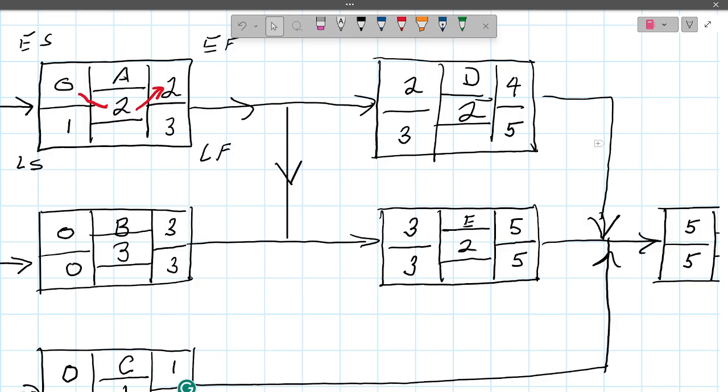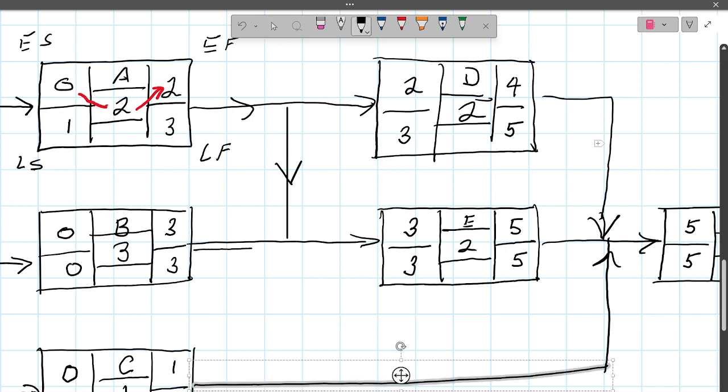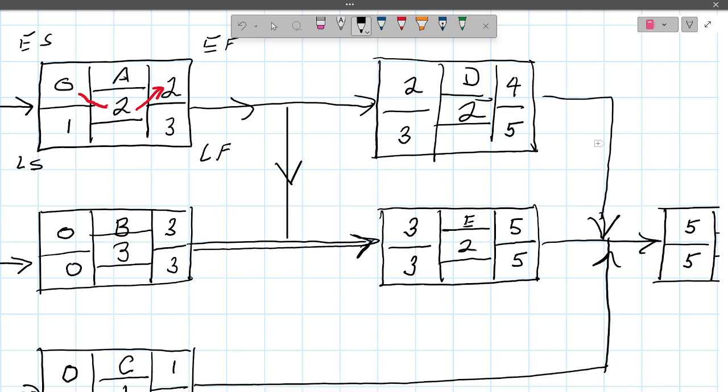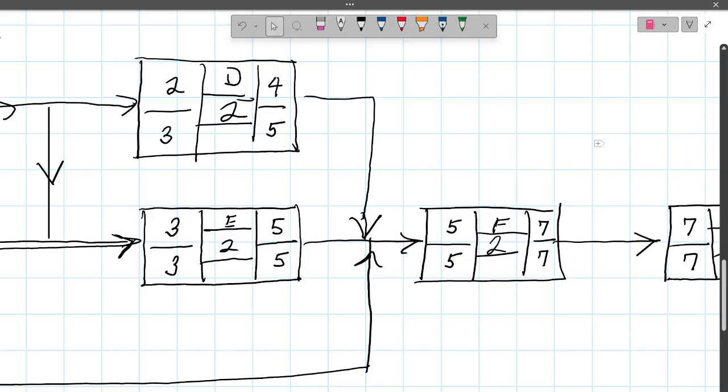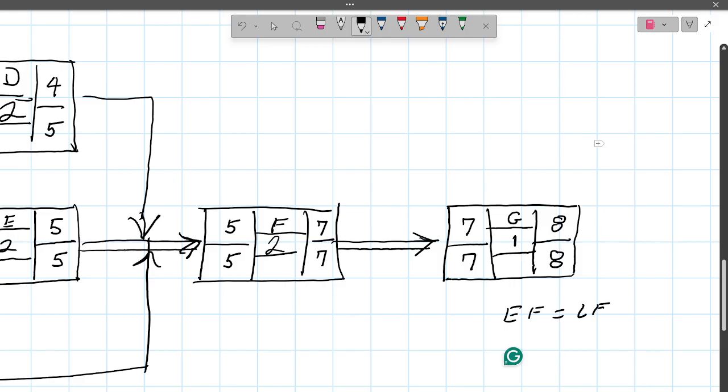And then if I go over to E, 3 and 3, there's no wiggle room there. So this becomes a critical path. Okay. E to F is 5 and 5. There's no wiggle room there. So critical path. And then when I go to G, of course, it's still the same critical path.